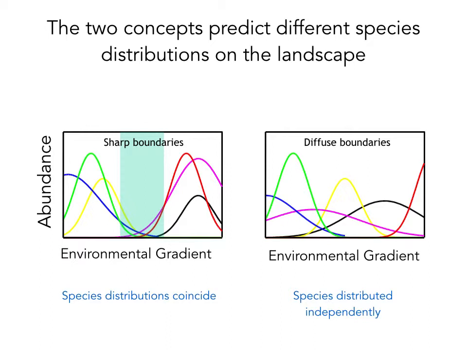They wouldn't be very sharp like the Clements idea. So again, on the left is the organismic prediction for community boundaries that are sharp, and on the right, the individualistic concept would predict diffuse boundaries between communities.